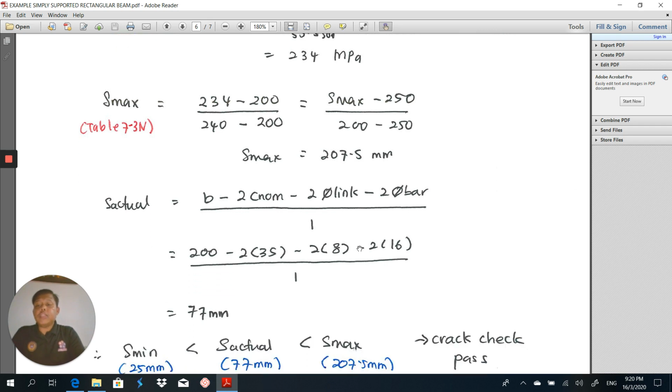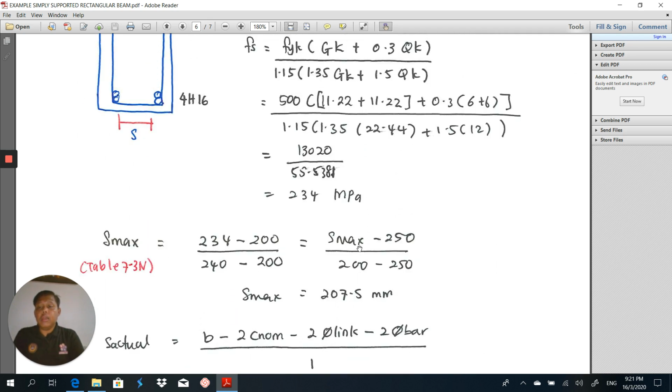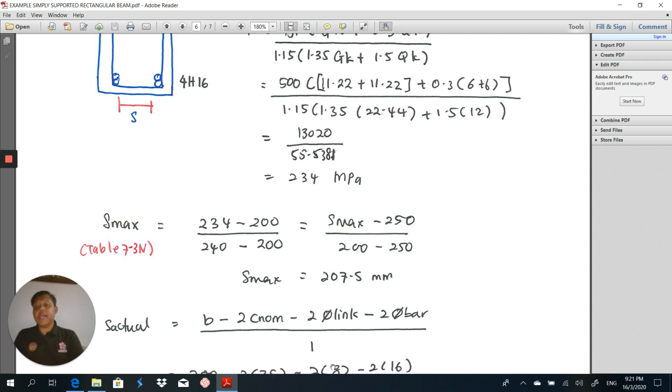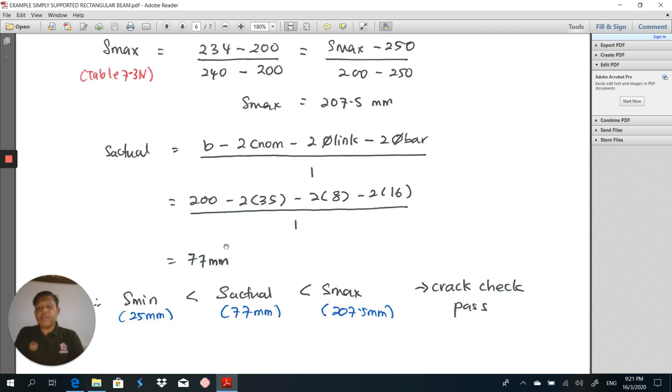Then the actual spacing is equal to BW minus 2C nominal left and right, minus 2 diameter link left and right, and minus 2 diameter bar, because I arranged my reinforcement like this, 1, 2. If you arrange 1, 2, 3, 4, you will minus 4 diameter bar and you have 3 spacings here. In my case, I only have 1 spacing. So the answer is 77 mm.